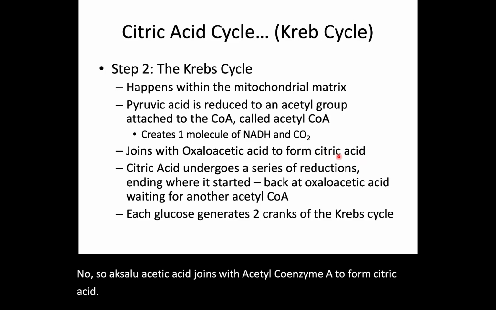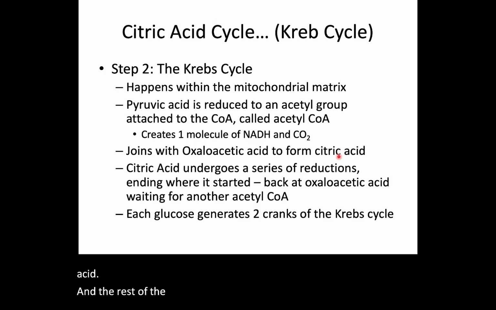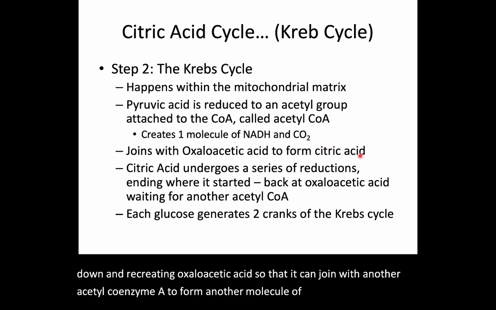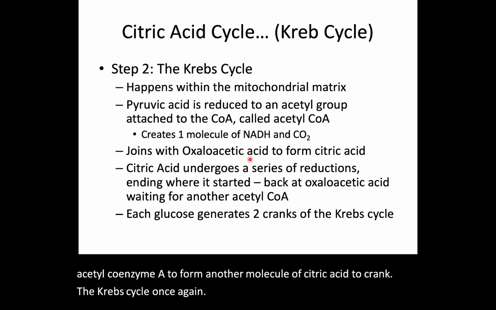The rest of the Krebs cycle is about taking that citric acid, breaking it down, and recreating oxaloacetic acid so that it can join with another acetyl coenzyme A to form another molecule of citric acid to crank the Krebs cycle once again.